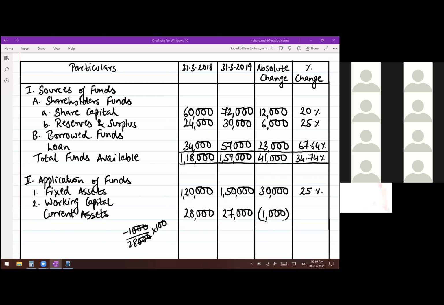Divide on a rough sheet and tell me what is percentage change. 3.57%. Remember, it is in a bracket, negative. That means current assets have decreased, reduced.